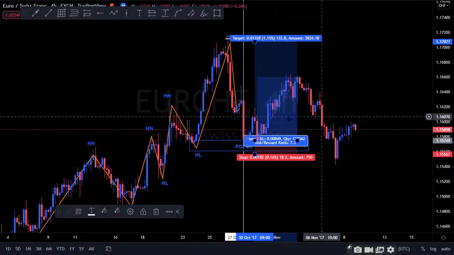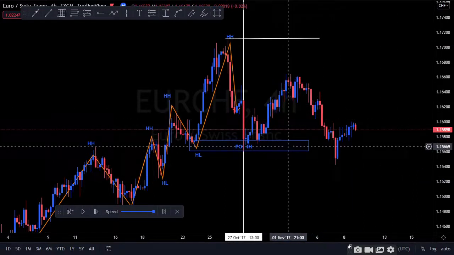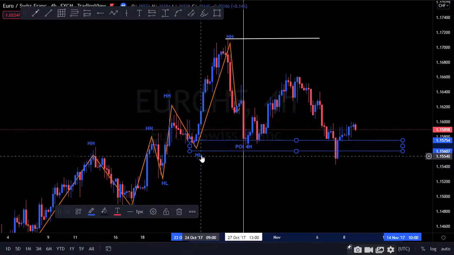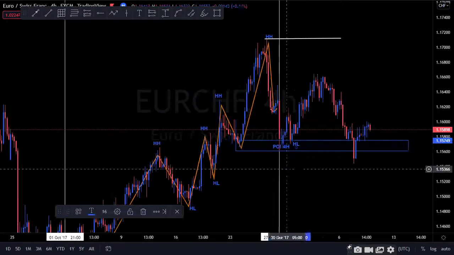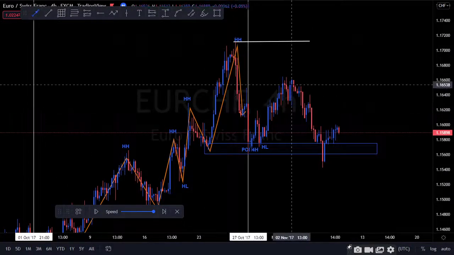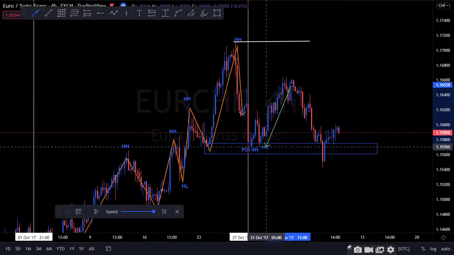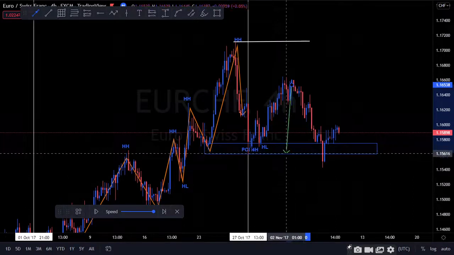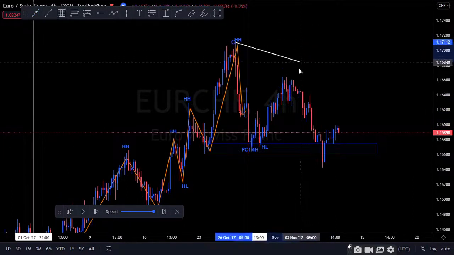Now let's focus on the structure. We can see that the market broke this higher low, which was our 4-hour POI, or 4-hour point of interest. Since this low is broken, we can say that the market is in a bearish trend. Can you see this?